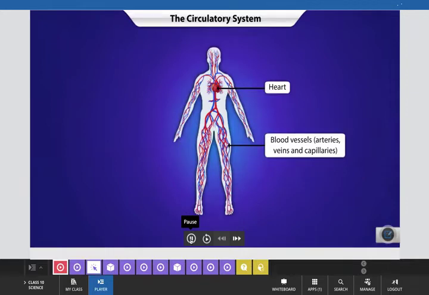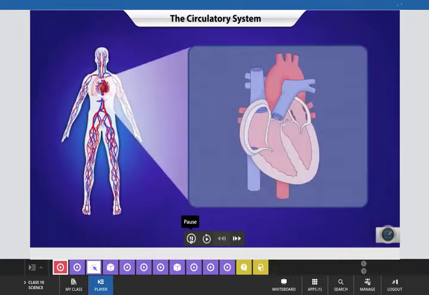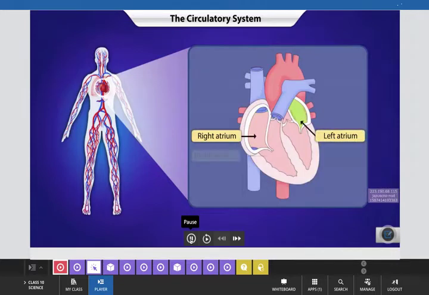The heart pumps oxygenated blood to all parts of the body and deoxygenated blood to the lungs. The heart has 4 chambers: the right atrium, the left atrium, the right ventricle, and the left ventricle. Each of these chambers contracts so that blood moves from one chamber to the next.